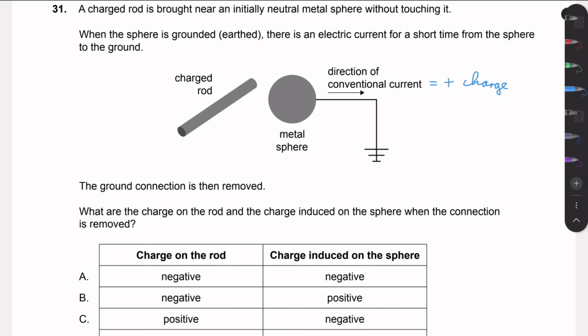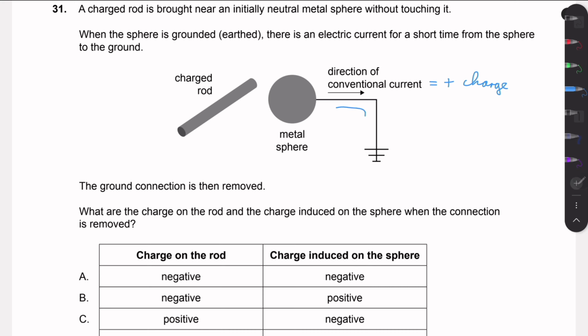Because in earlier times when they were investigating electricity, they decided to take the direction of the current as the direction in which positive charges move. Nowadays we know that positive charges don't really move. It's the electrons. So the electrons are technically moving the other way, but it's beside the point here. We just always take conventional current.